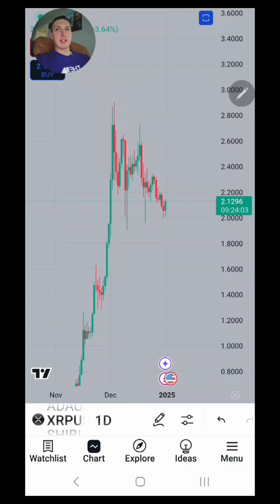I think XRP is a very strong coin as far as use case and utility, and I think long term it will be a very good investment. I think it'll be up there closer to Bitcoin. It might overtake Ethereum in market cap. It's only a matter of time before Ethereum gets overtaken as far as being the second biggest cryptocurrency.